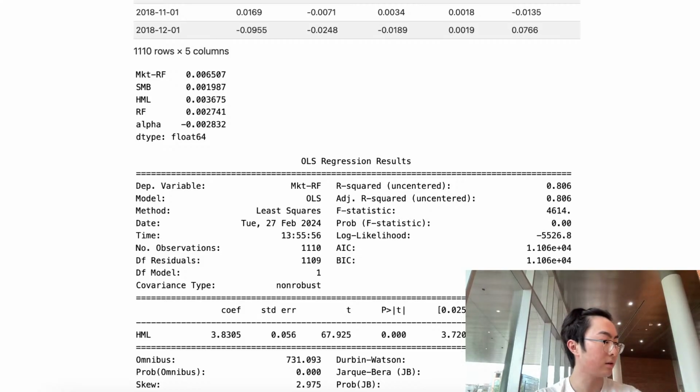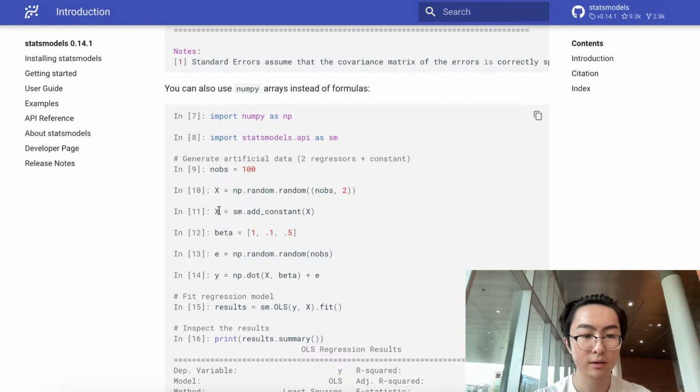Okay, so I think we can add a constant somewhere. So let's set x equal to sm.add_constant(x).